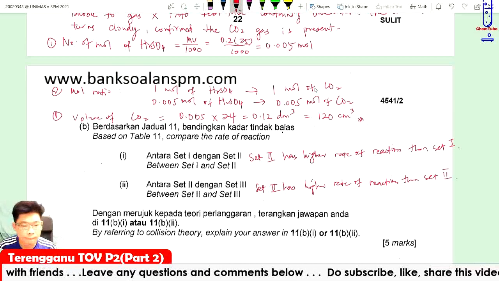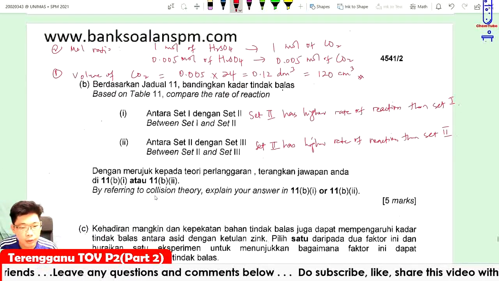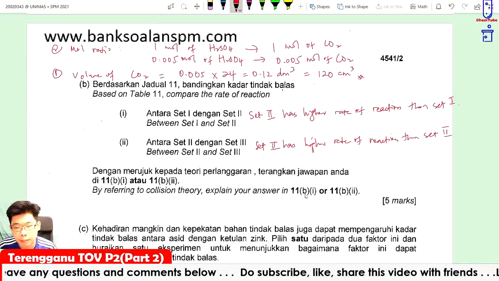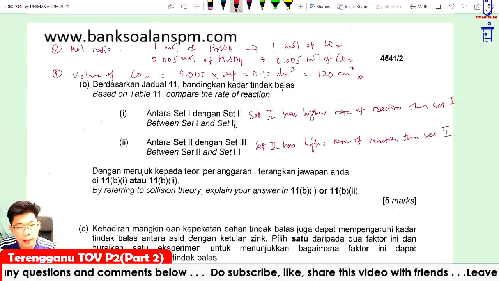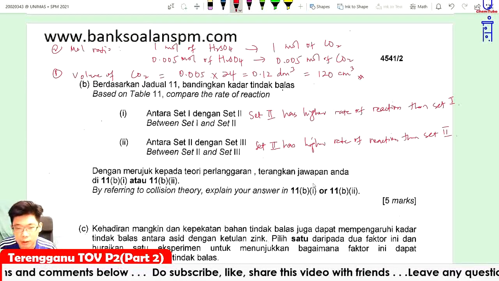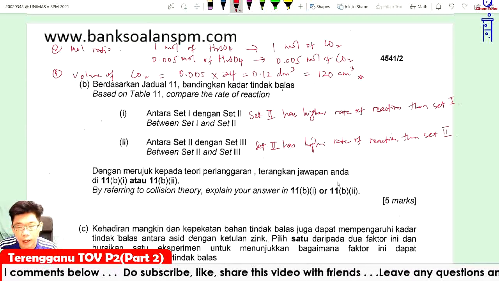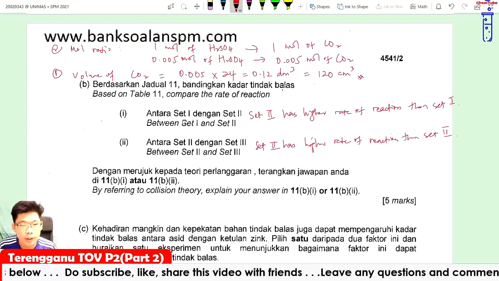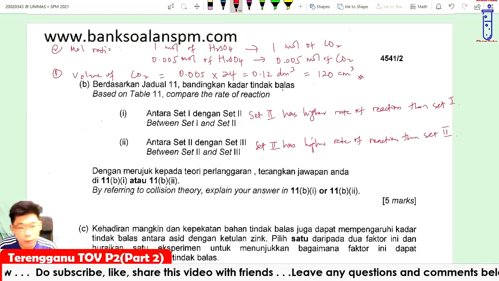By referring to collision theory, explain your answer for either set 1 and set 2, or set 2 and set 3. You can choose any one of these to answer your question. Let's say we look into both.